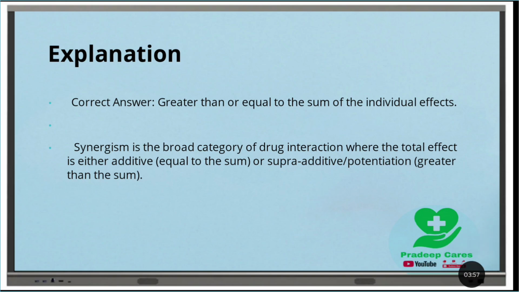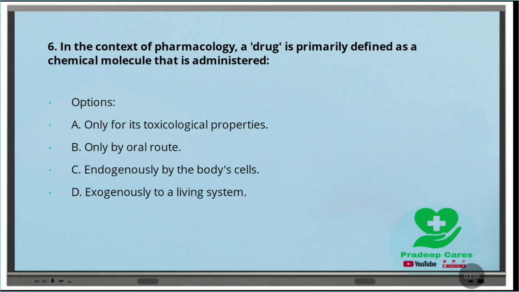Next question. Question number 6. In the context of pharmacology, a drug is primarily defined as the chemical molecule that is administered. Options are option A only for its toxicological properties, option B only by oral route, option C endogenously by body cells, and option D exogenously to a living system.